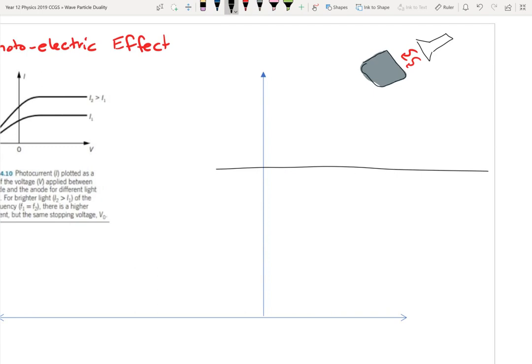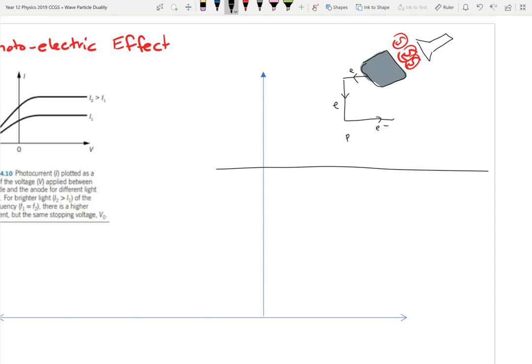Now what actually happened was there were individual packets. So I'm just going to put these guys in little circles to look at them as little bullets, all right? And a bullet would come down and interact with an electron sitting there in the metal, minding its own business. This electron would then be ejected from the metal, all right, and travel through the circuit.